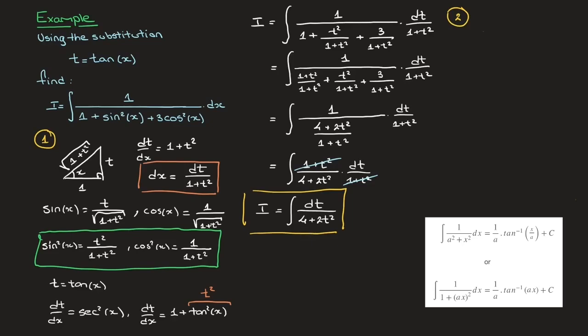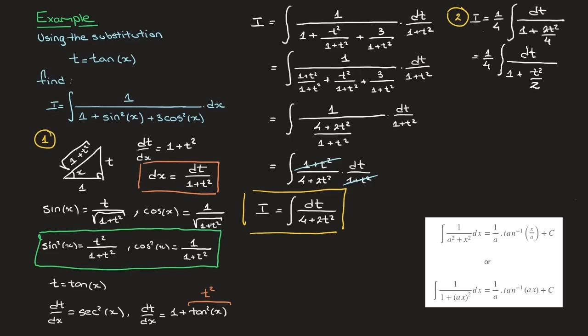I go ahead and state that the integral I is equal to 1 over 4 times the integral dt over 1 plus 2t squared over 4. Simplifying that a bit, that's equal to 1 over 4 times the integral of dt over 1 plus t squared over 2.